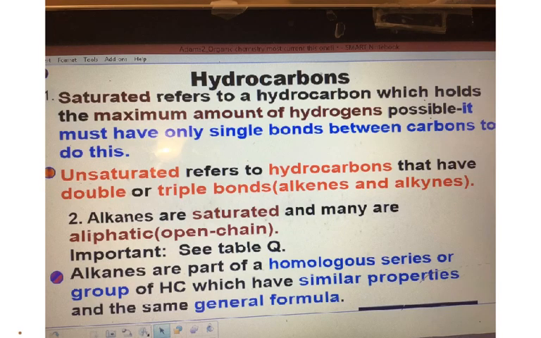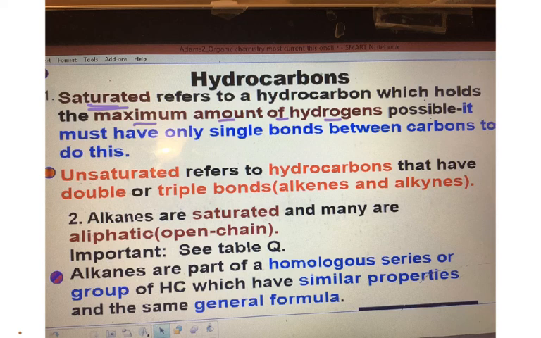Now, guys, in the topic of hydrocarbons, we agreed that hydrocarbons are compounds made up of just hydrogens and carbons only. And there are some terms that we need to know. There's something called saturated hydrocarbons, which hold the maximum number of hydrogens possible.